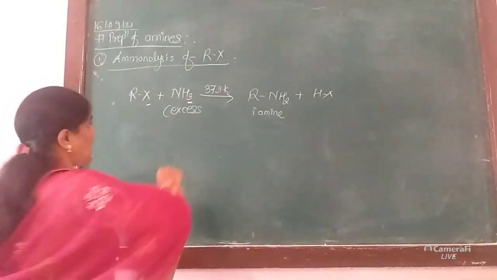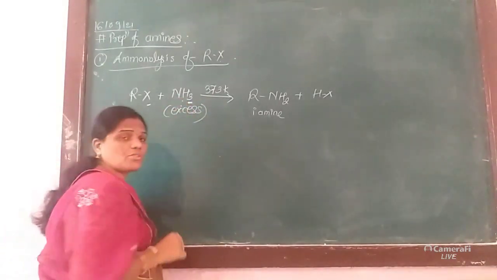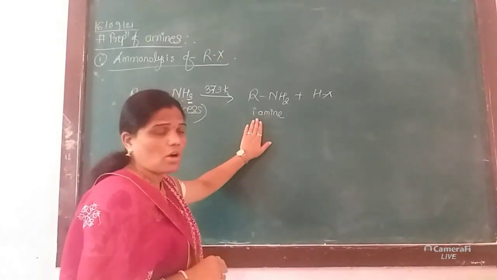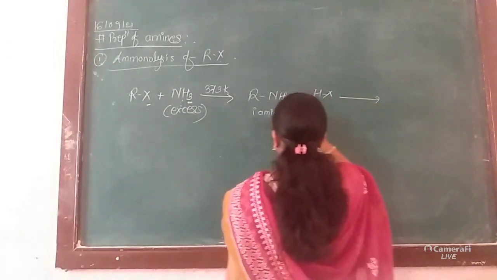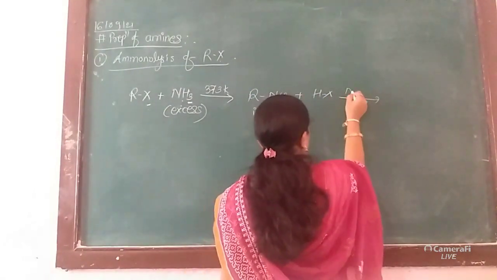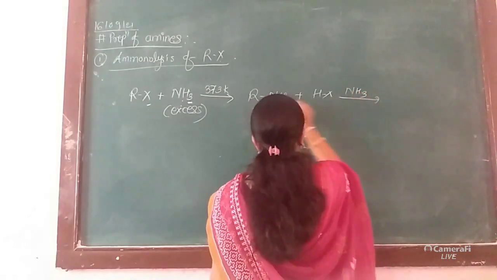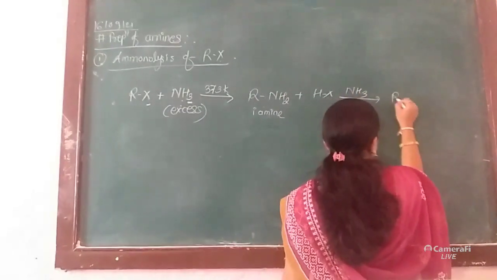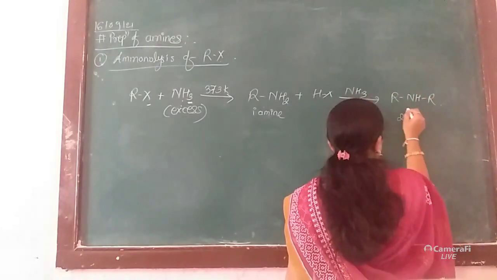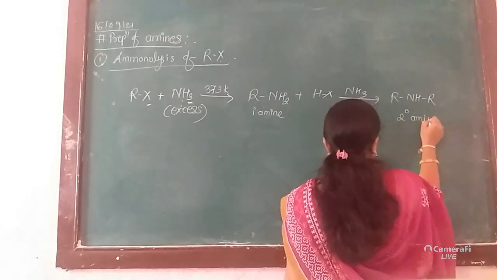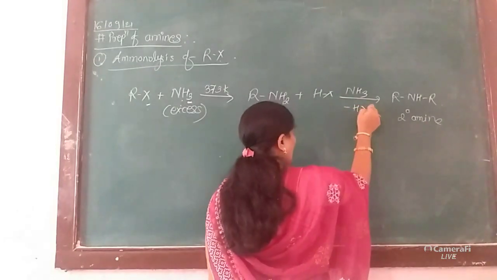When we use excess ammonia, the reaction does not stop at this stage, because this primary amine further reacts with the excess ammonia. Then there is a formation of secondary amine, R2NH, with the removal of HX.